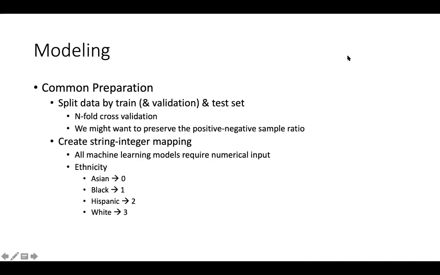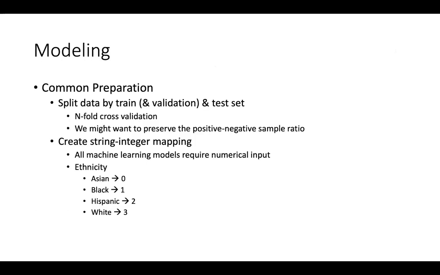Alright, so look again before we go into the details. So common preparation: whether we use a classical approach like logistic regression, or whether we use RNN or CNN, we have to do one thing, which is vectorization. As I said, the data structure itself is not suitable for using as a machine learning training set.